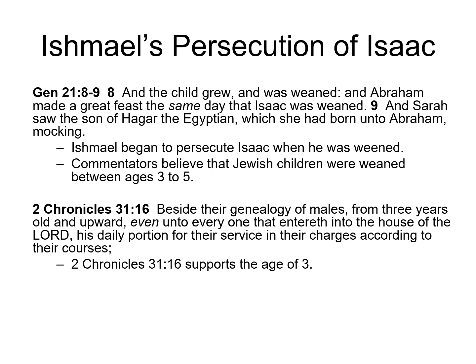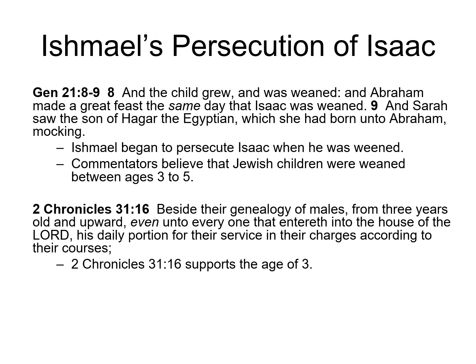So going to figure out the more details about the age of Isaac at this time, we can see in 2 Chronicles chapter 31, verse 16, which tells us, "Beside their genealogy of males, from 3 years old and upward, even unto every one that entereth into the house of the Lord, the house of Yahweh, his daily portion for their service, in their charges, according to their courses."